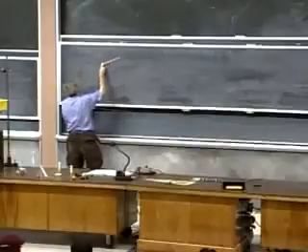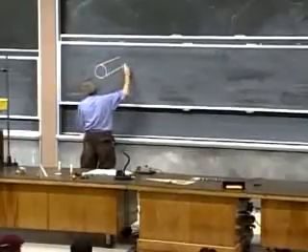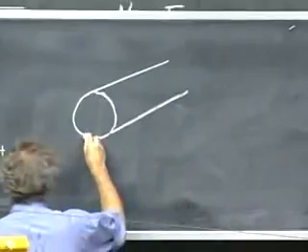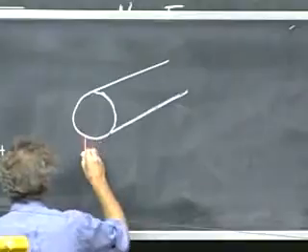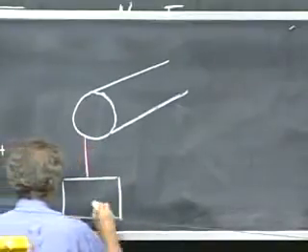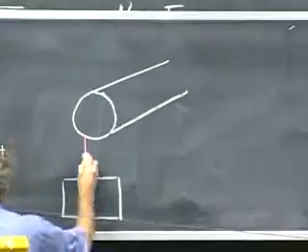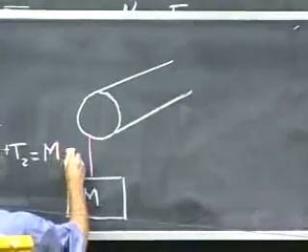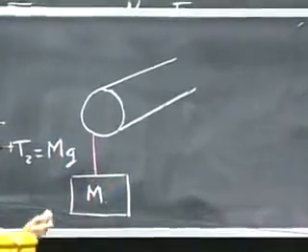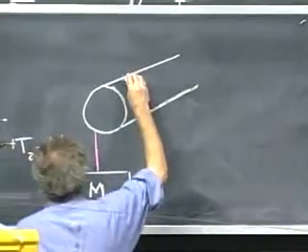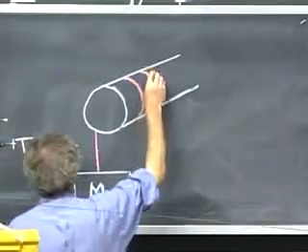Here is this rod. It doesn't have to be horizontal as this one. And I hang on this side of the rod, I hang with a string, a very massive object, capital M. So the tension here, T2, would be mg, assuming that it is not accelerated, that it is at rest. I wrap this rope around here several times.